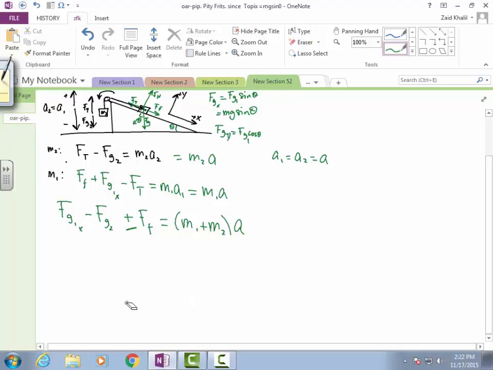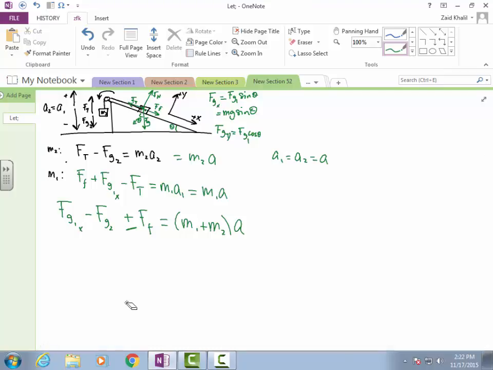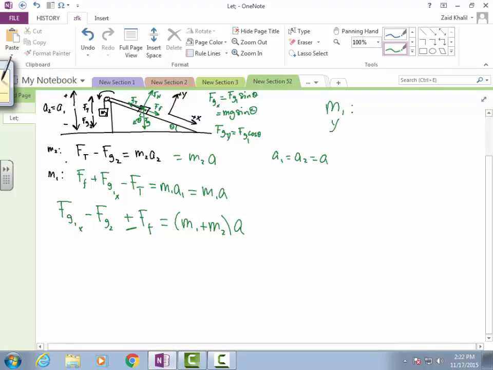Now I use the y direction for mass 1. What's the net force on mass 1 in the y direction? So M1 y direction, we have Fn minus Fg1y equals M1A1y.